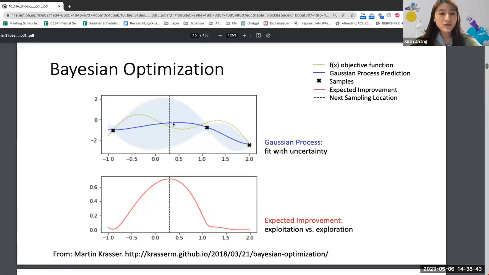In contrast, points close to evaluated samples have smaller variances, and we assume they have similar values to their neighbors.